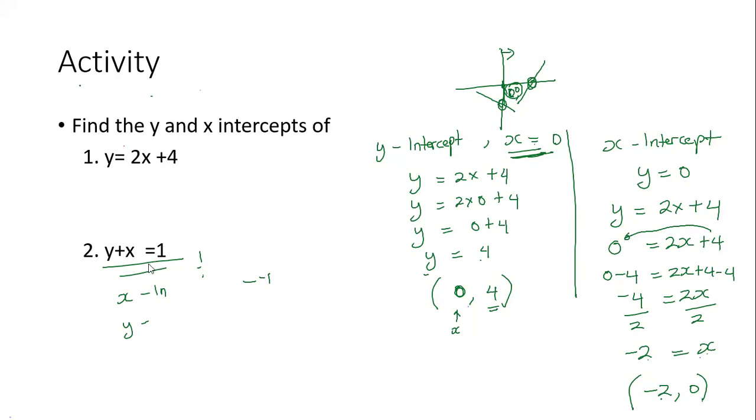Nairobi is saying y-intercept is 0, 1. Good. Y-intercept is 0, 1. Okay, good.